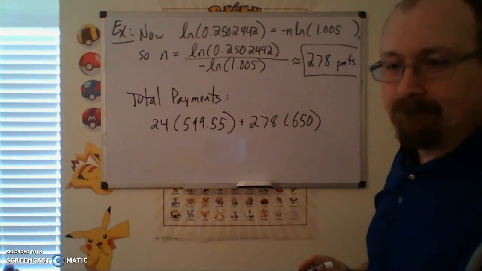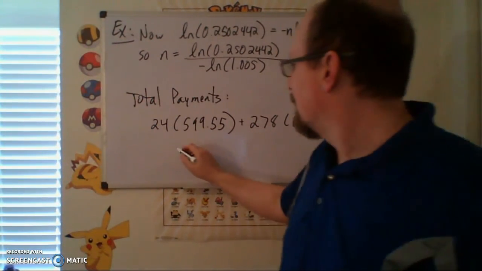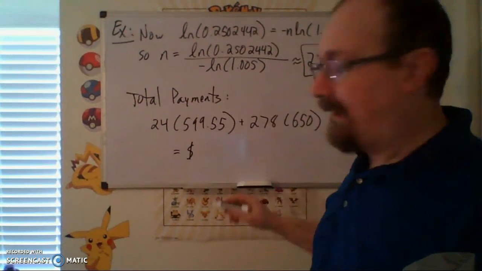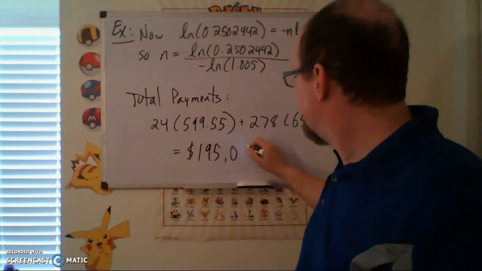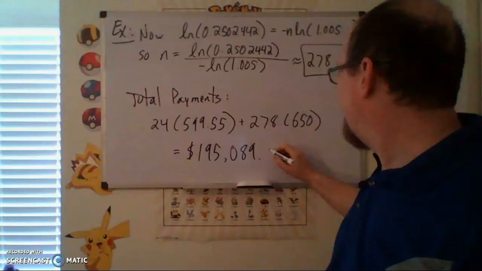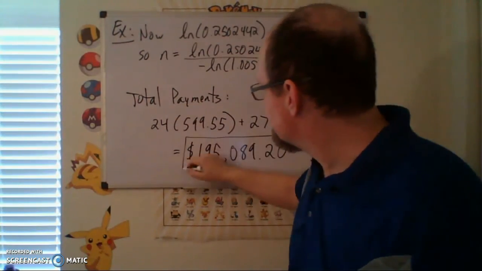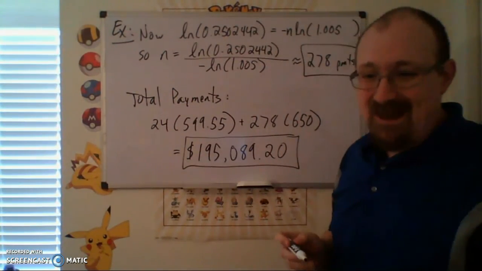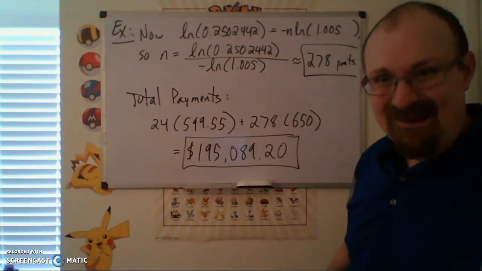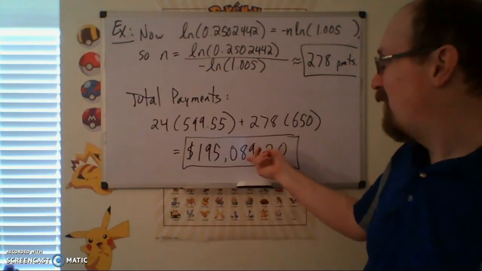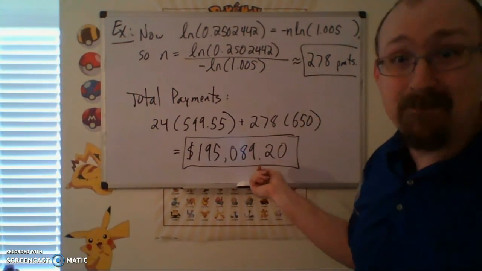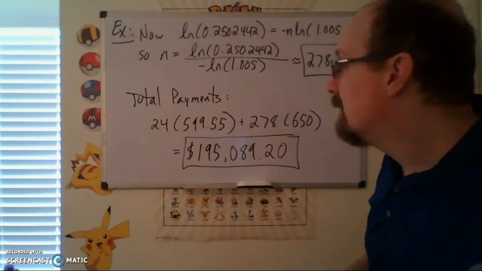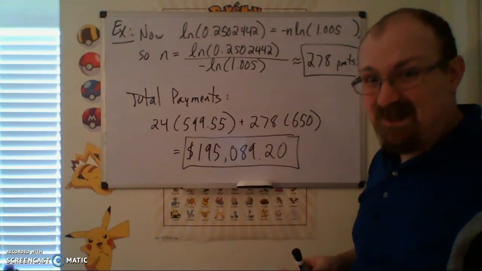All right. So you can work out the arithmetic here. It's a lot. So $195,089, and I got 20 cents at this stage. So that sounds like a ton, and I'm not going to lie, it is. This is almost double what she borrowed in the first place, right? So yeah, that's what happens when you take out a 30-year loan.